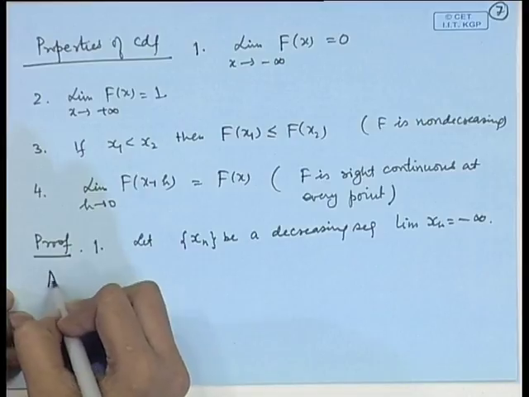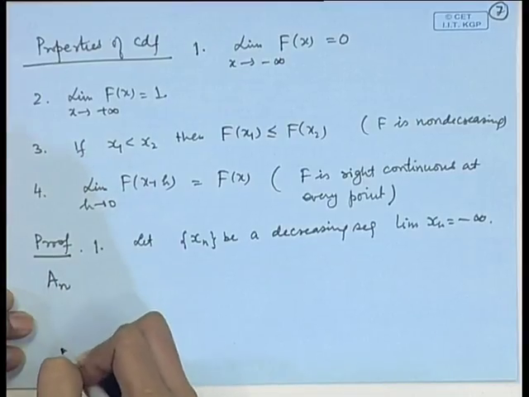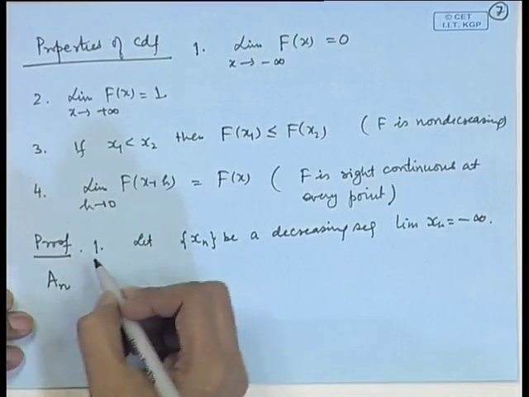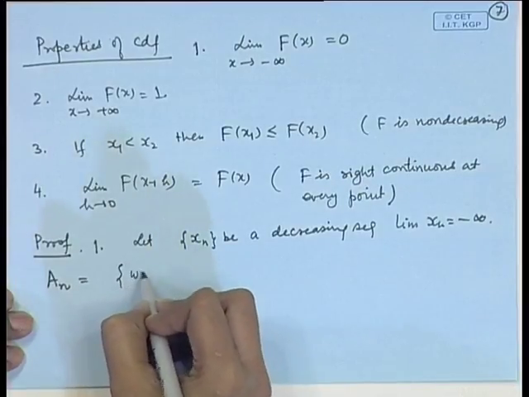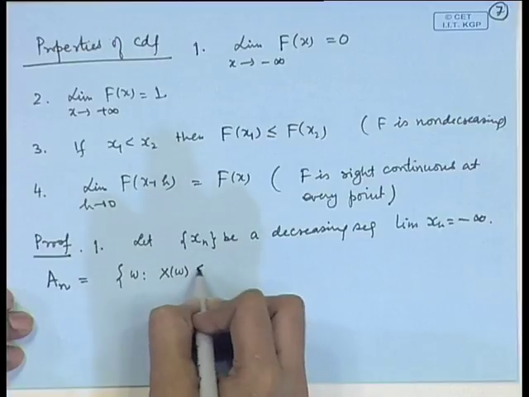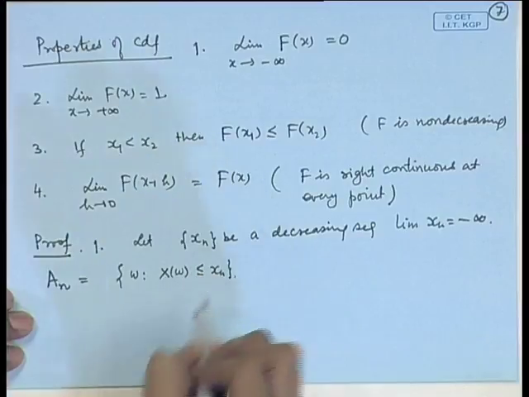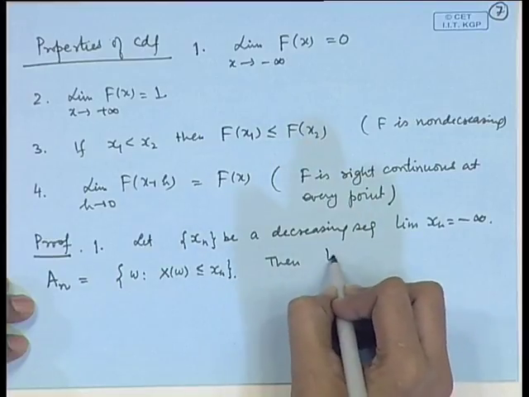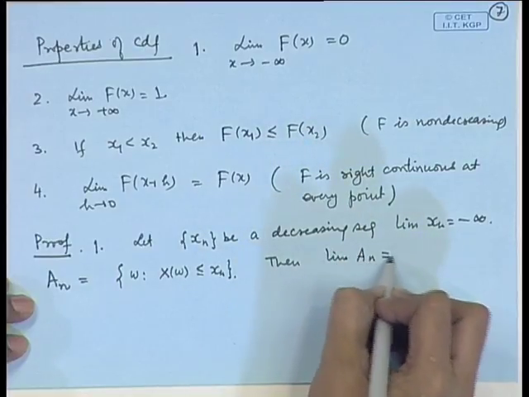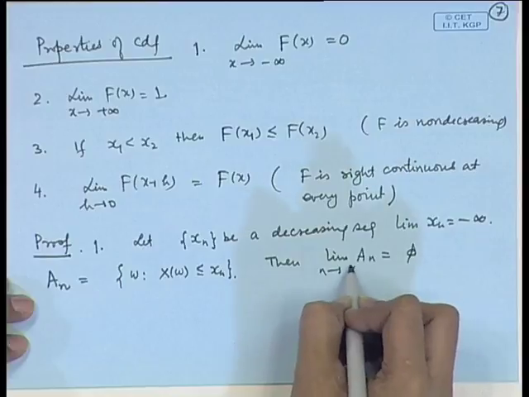If I consider the sets A_n as the set of all those points such that X(omega) is less than or equal to x_n, then limit of A_n is equal to phi as n tends to infinity.